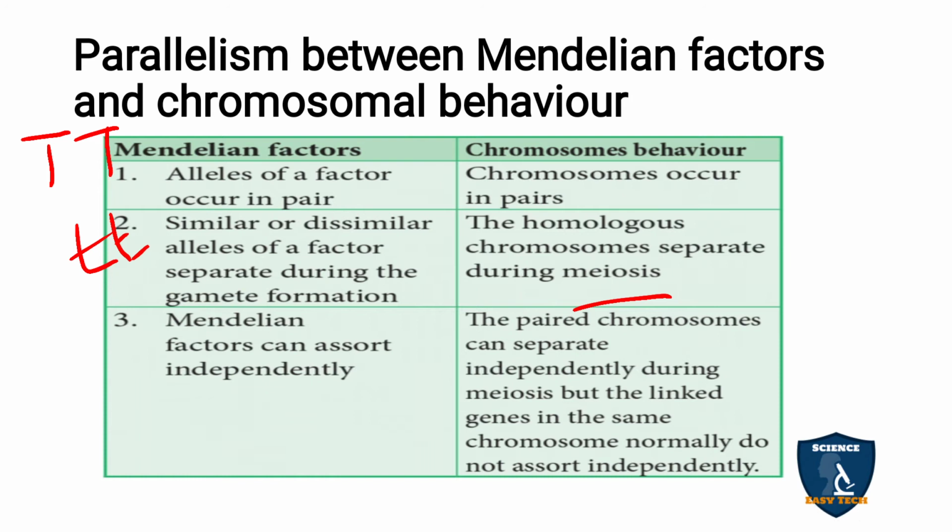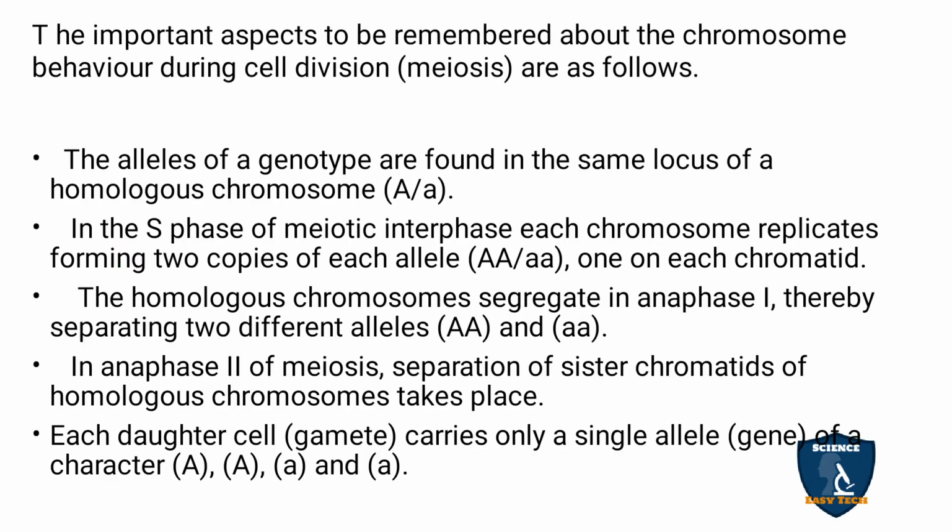But linked genes are seen on the same chromosome, so the character will be expressed. That means independent assortment is not seen in chromosomal behavior, so normally they do not assort independently.